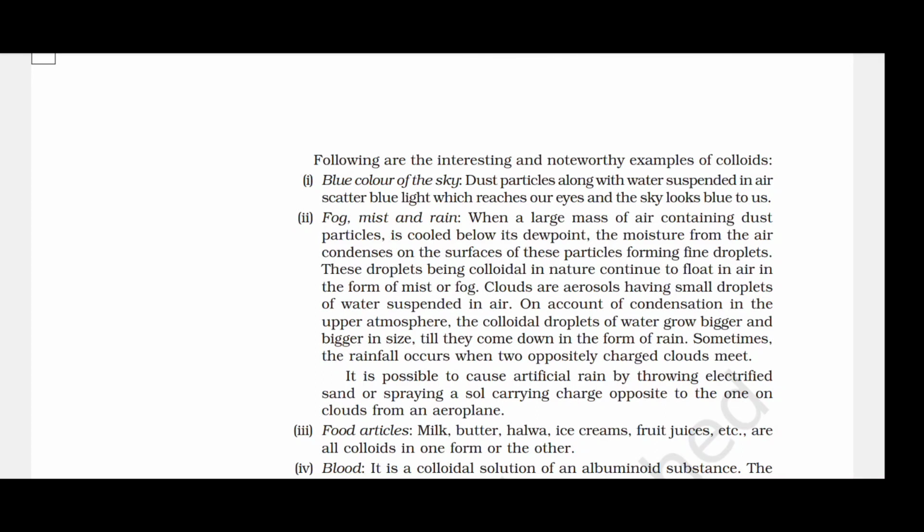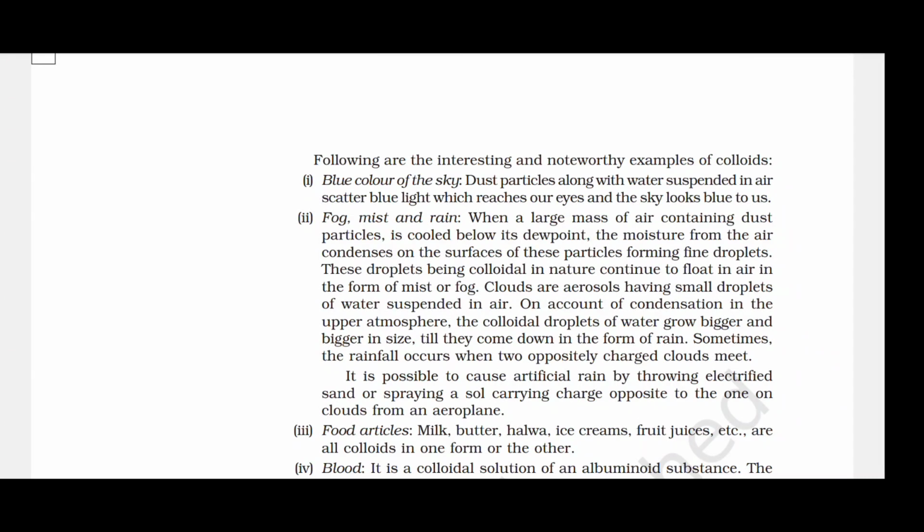Second, fog, mist and rain. When a large mass of air containing dust particles is cooled below its dew point, the moisture from the air condenses on the surfaces of these particles, forming fine droplets. These droplets, being colloidal in nature, continue to float in air in the form of mist or fog. Clouds are aerosols having small droplets of water suspended in air.